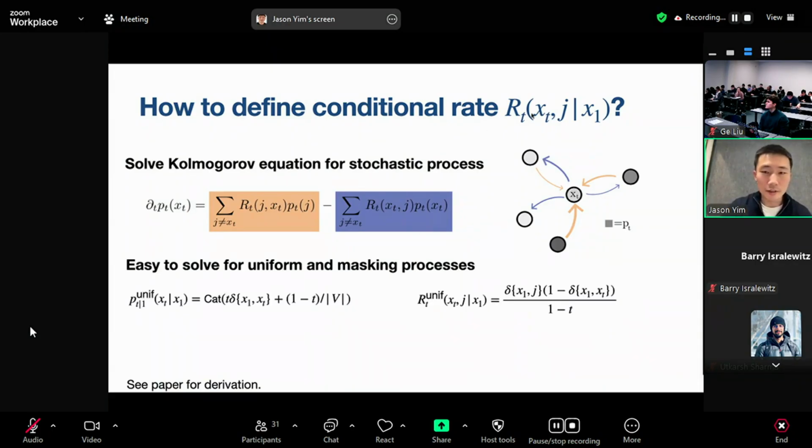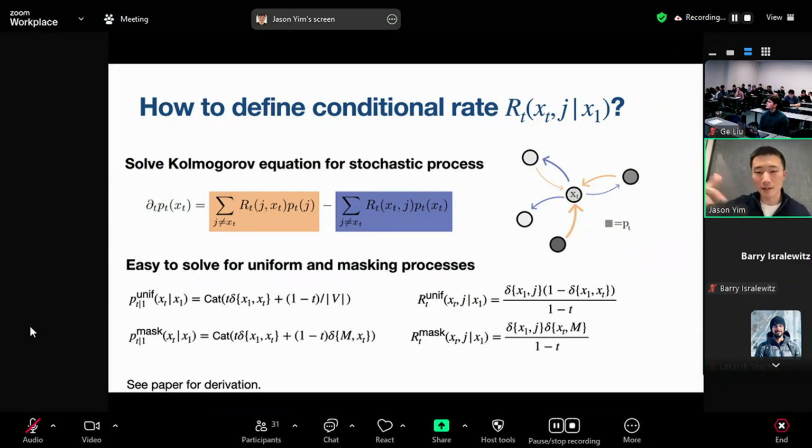So to solve for this rate matrix, you have to solve this Kolmogorov equation for whatever process you have. What we typically use is either a uniform process, starting from random characters and going to a data character, or starting from a masked character and ending up at a real sequence. The one that's most popular is using this masked rate matrix.